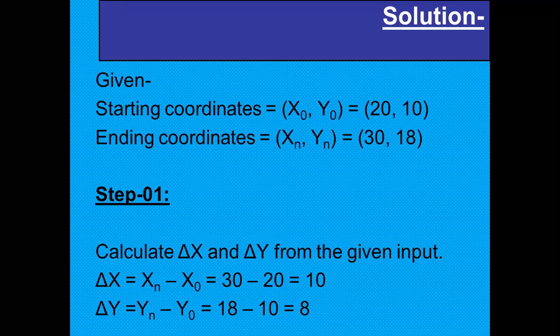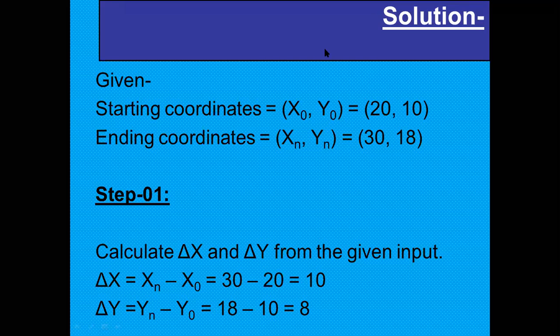So the value of delta x, how will we calculate? Final point minus initial point, that is, the final value of x minus the initial value of x. Because we are going to calculate delta x, the value of delta x is 30 minus 20.